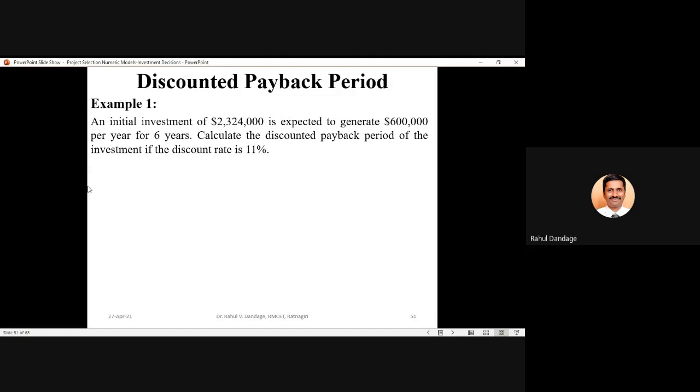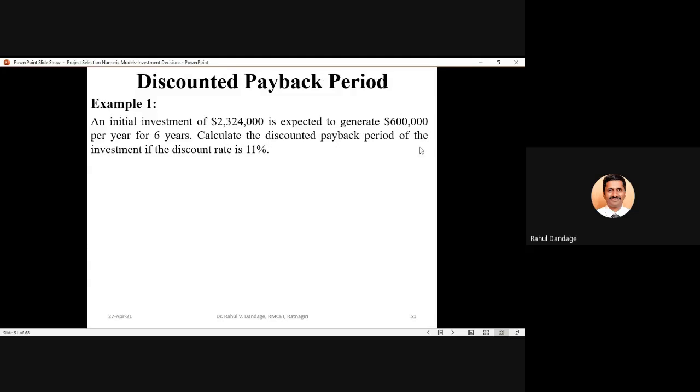One example of the discounted payback period method: an initial investment of $2,324,000 is expected to generate $6 lakh per year for 6 years.